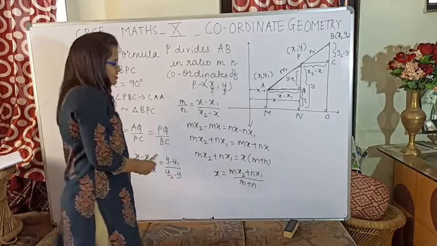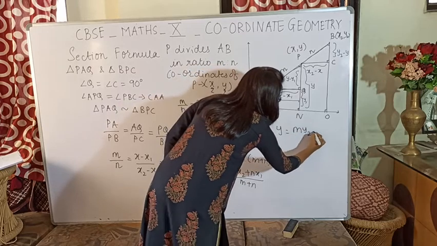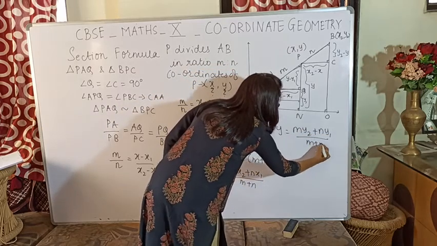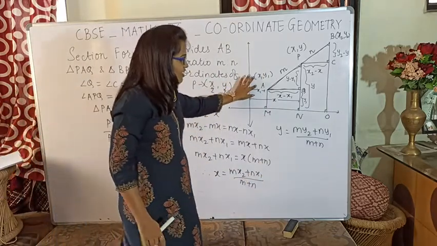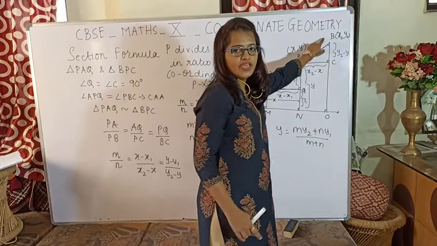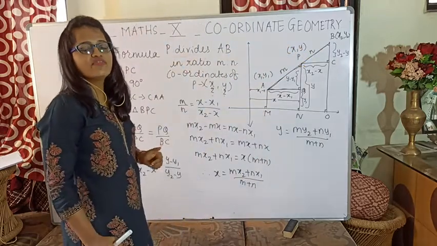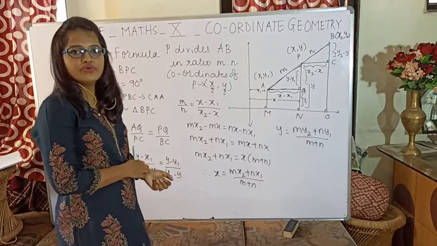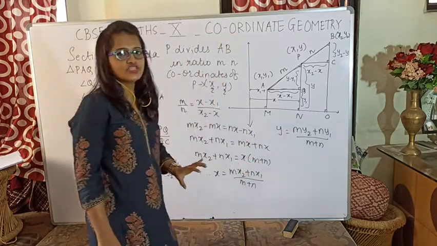On simplifying this, you will get the coordinate of y as my2 plus ny1 upon m plus n. So if you know the coordinates of A as well as the coordinates of B and the ratio in which the line is being divided, you can find the coordinates of the point which divides that line in the respective ratio.